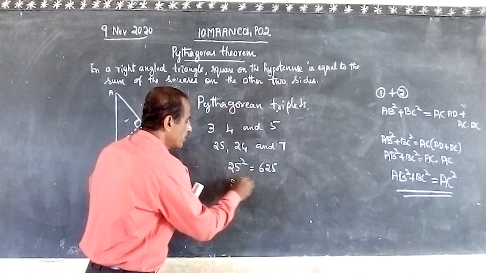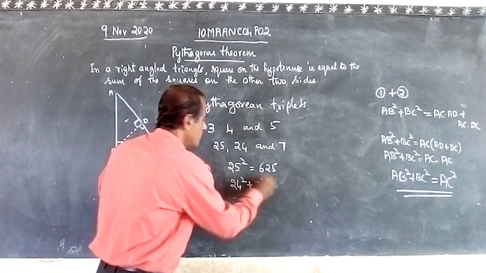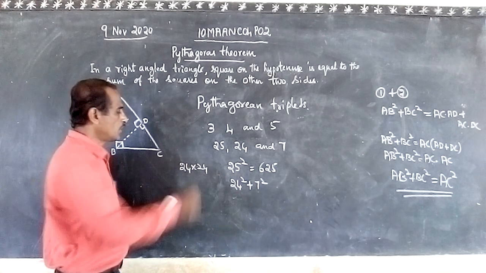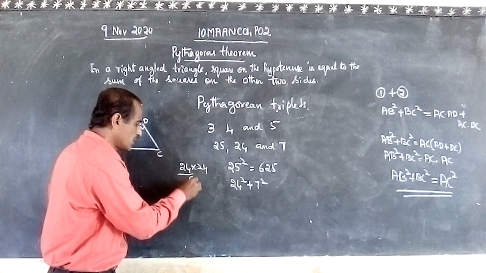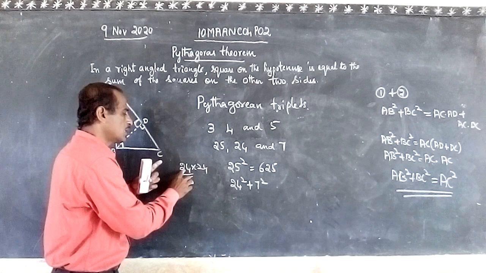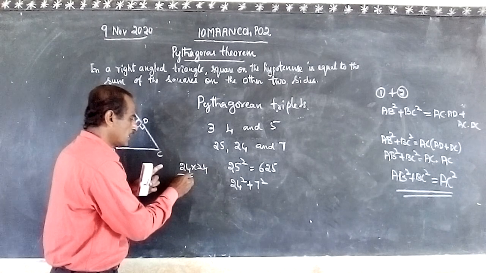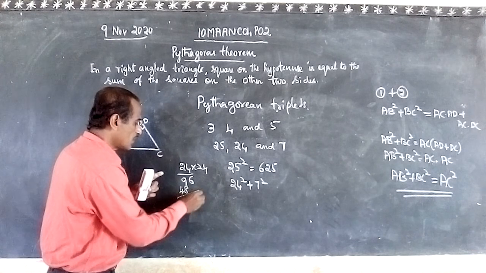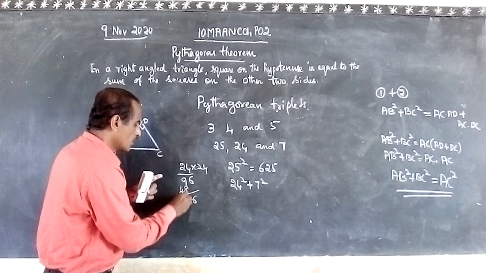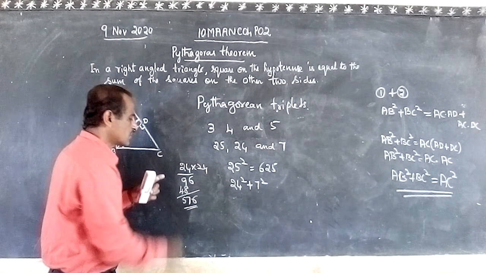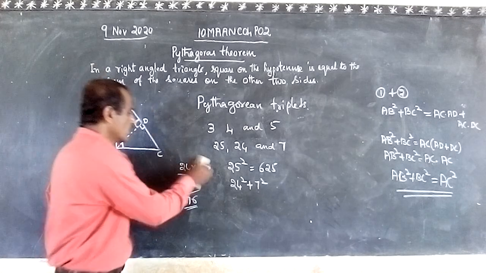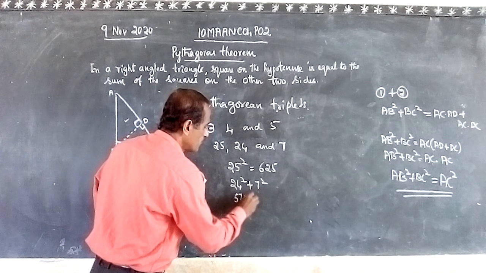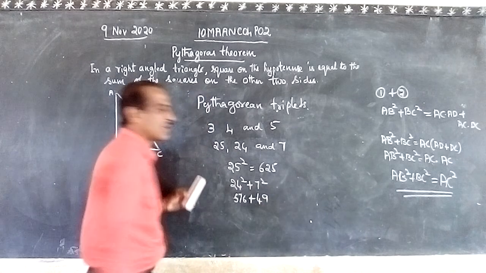24 square plus 7 square now. How much is 24 square? 24 into 24. 4 4s are 16, 4 2s are 8, 1 and 9, then 2 4s are 8, 2 2s are 4. So what is the answer? 576. 24 square is 576. So 24 square is equal to 576 plus 49, because 7 square is 49.